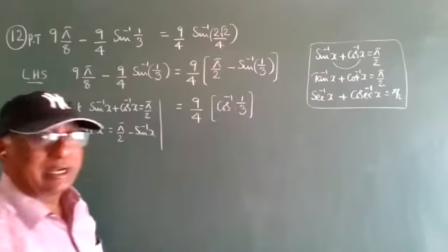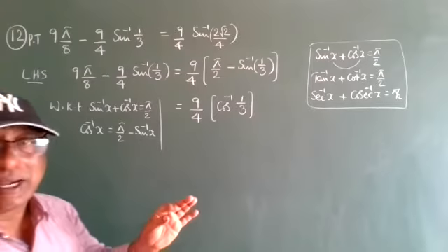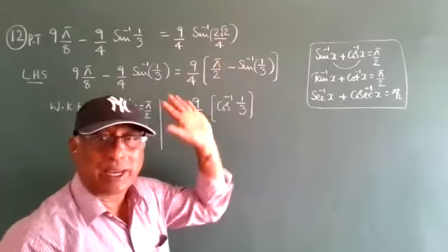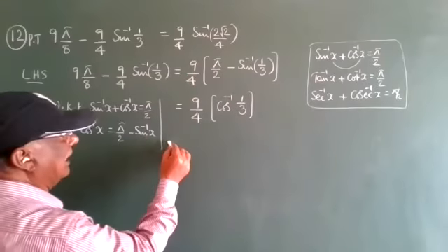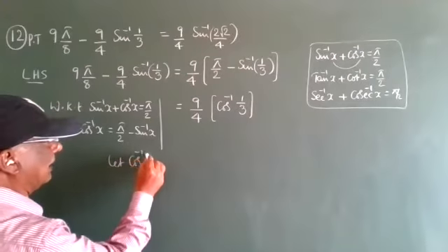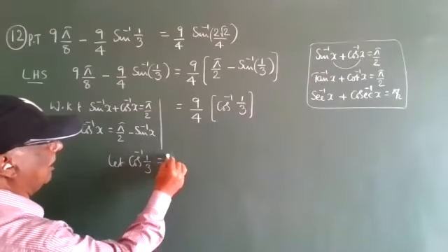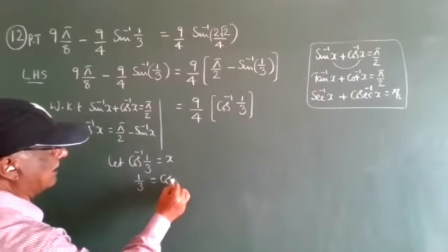But the answer on the right hand side is in terms of sine. So immediately, let cos inverse of 1 by 3 be equal to x, so 1 by 3 is equal to cos x.